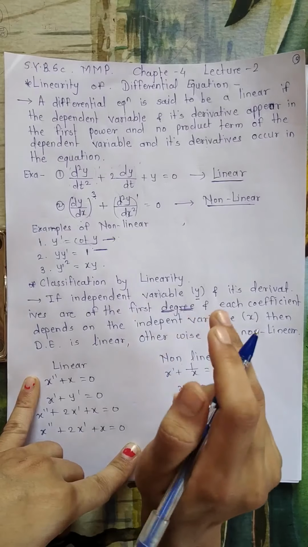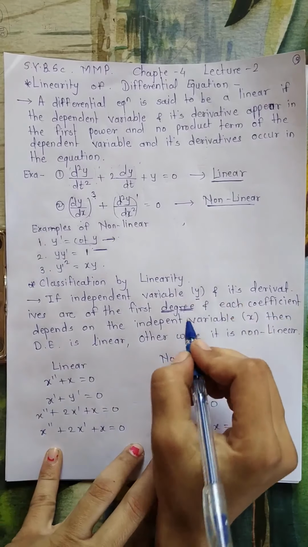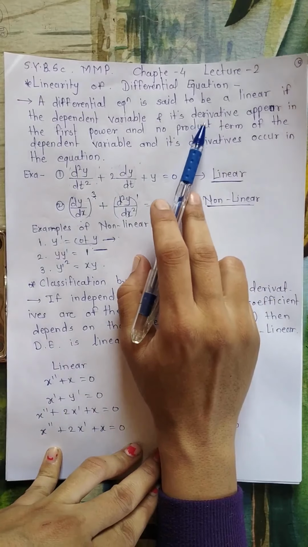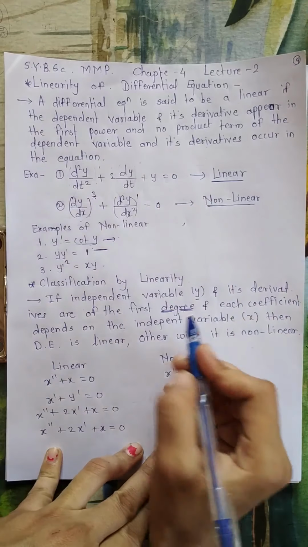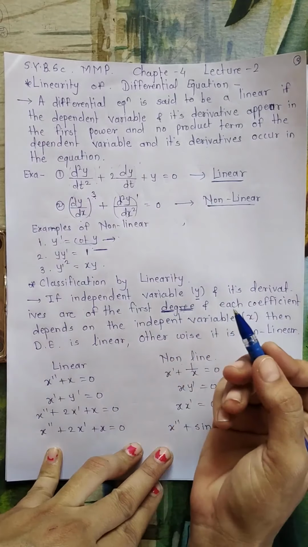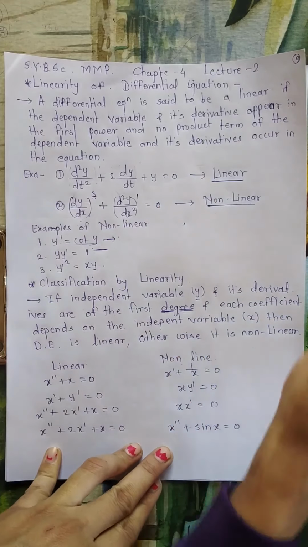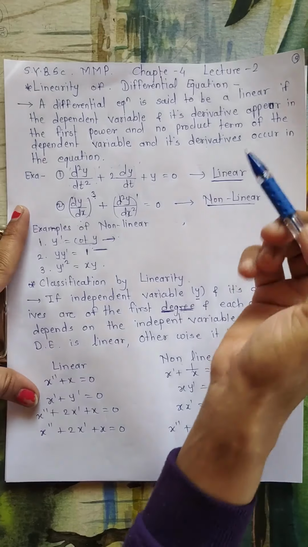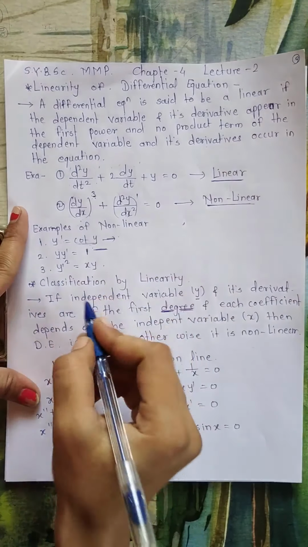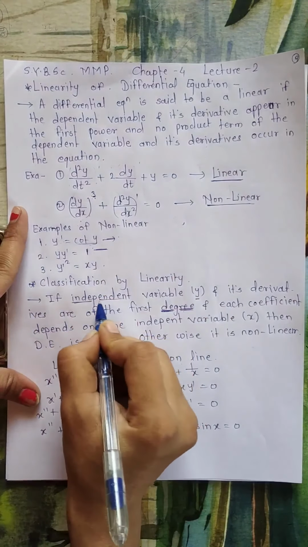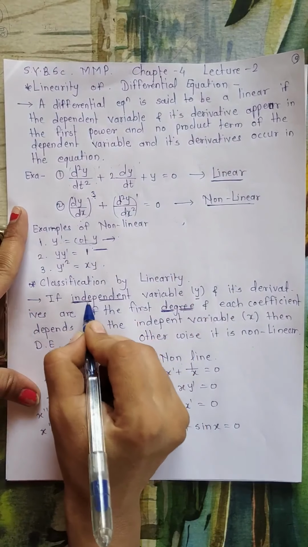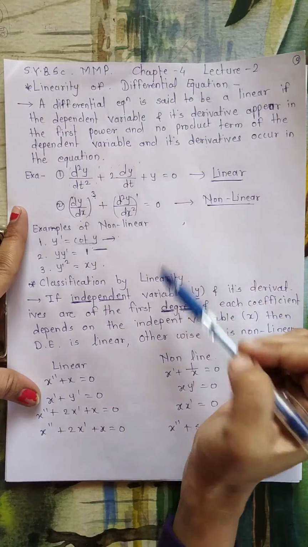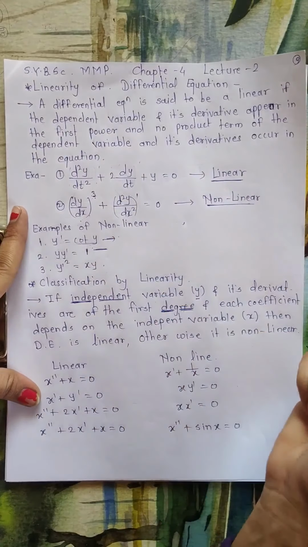Don't get confused. You have to check degree over here. Here the power of the derivative is nothing but the degree, but degree is specifically the power of the highest order derivative. Here they are classifying by using the independent variable. This is the big and important difference between these two definitions.